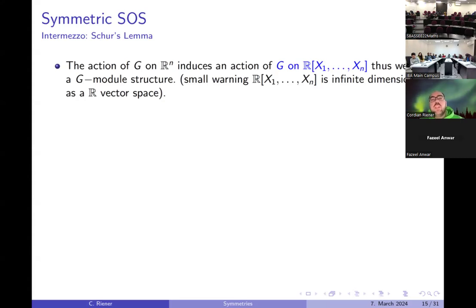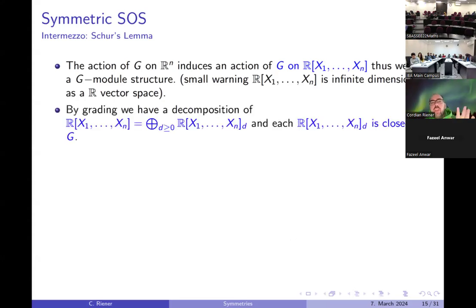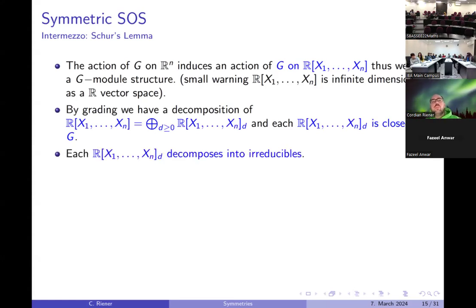Of course, there's a little bit of warning here. We only did this for finite dimensional vector spaces, but we can grade the polynomial ring, and the group action respects this grading. So actually, we can work ourselves up in this grading, and each of the individual pieces decomposes nicely.